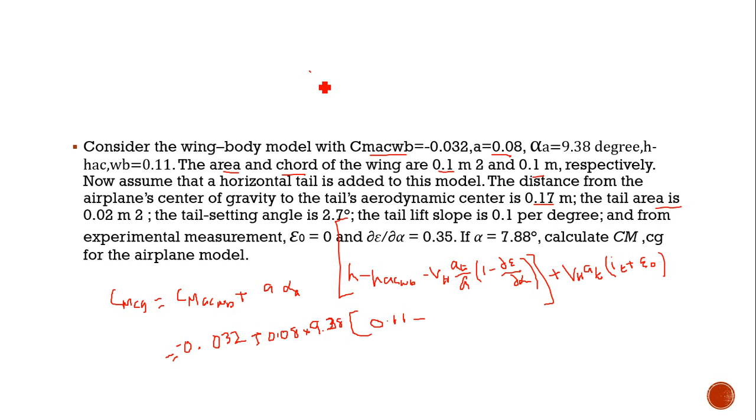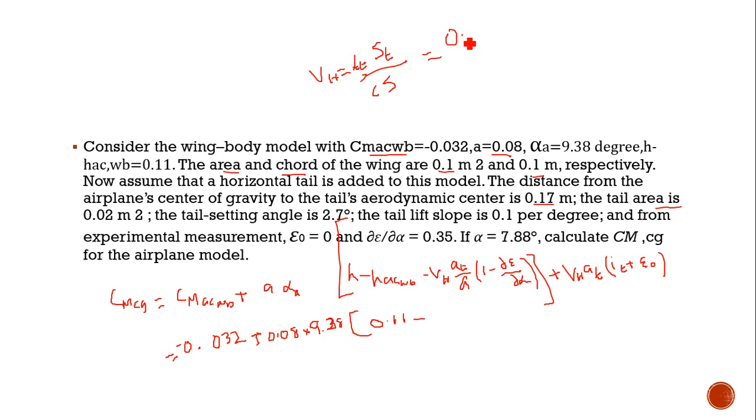We know the formula for tail volume ratio, VH equal to LT into ST divided by C into S. LT is the distance from the center of gravity to the tail aerodynamic center. So for LT they have given 0.17.